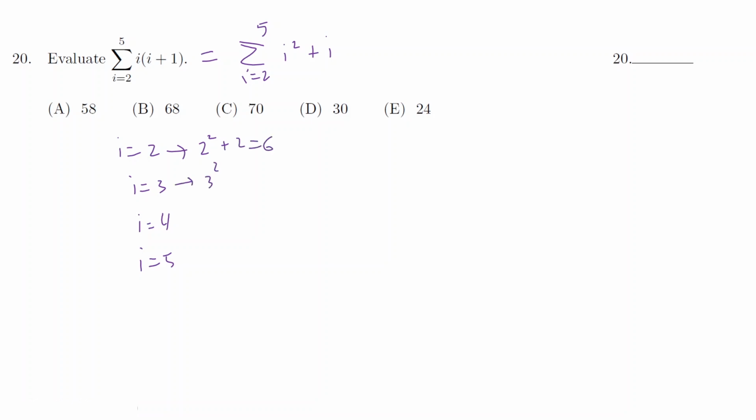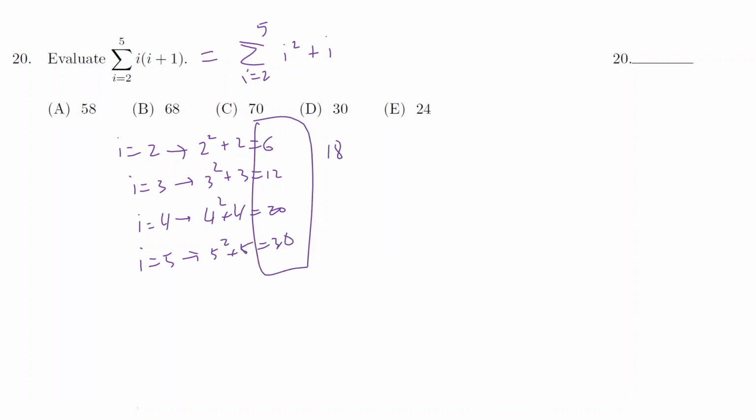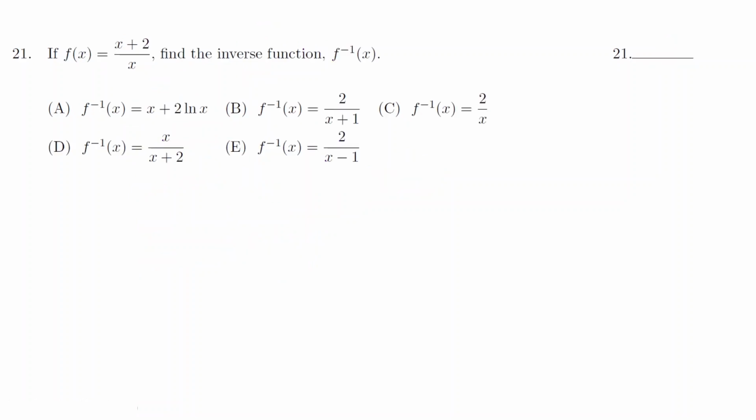Here we got 3 squared plus 3, that's 12. Here we got 4 squared plus 4, which is 20. Here we got 5 squared plus 5, which equals 30. And I just need to add them up. So it's 18, 50, 68. Boom, B.